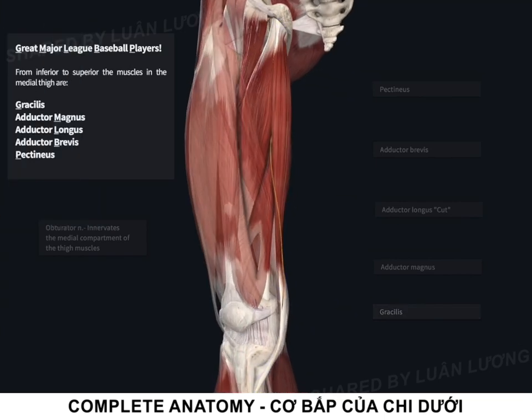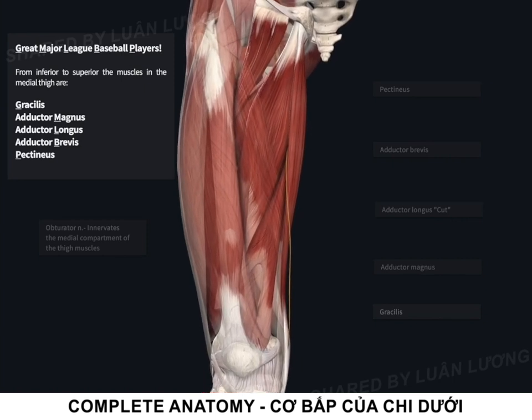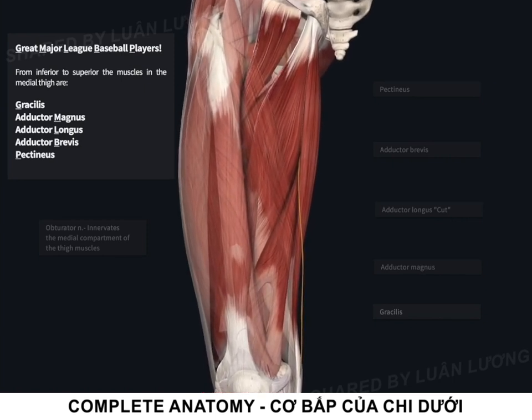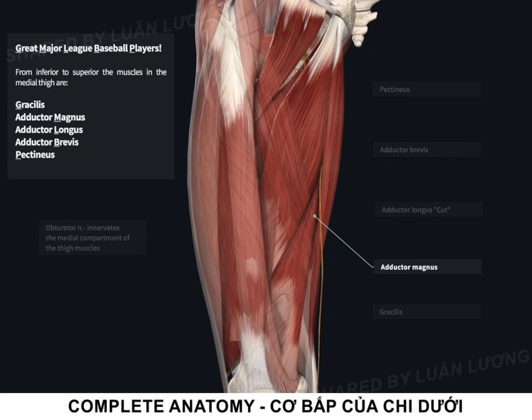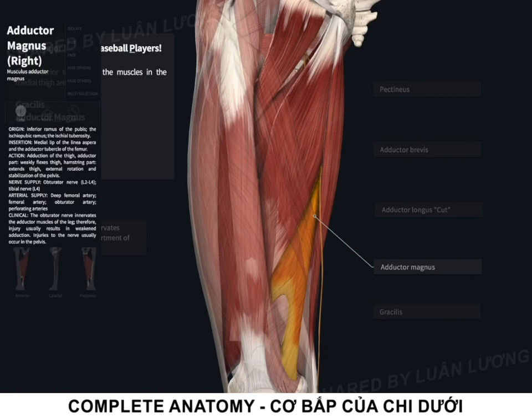Now, as we start to move up from the G for gracilis, the next muscle we're going to encounter is the adductor magnus. The adductor magnus is a large, powerful muscle of the thigh that takes up a lot of space and is positioned just lateral to the gracilis.